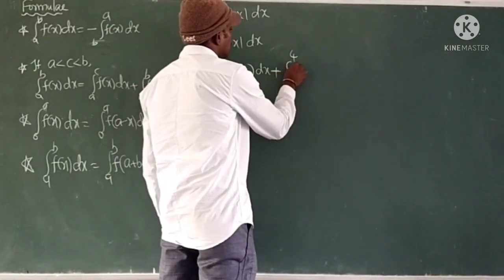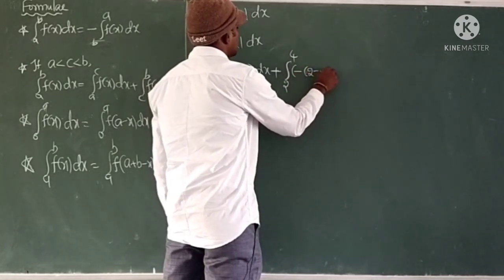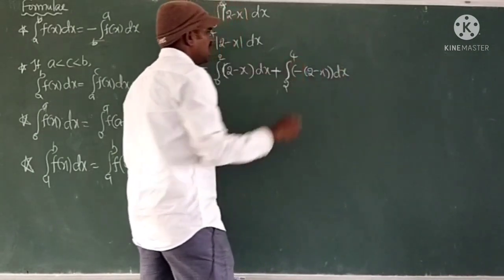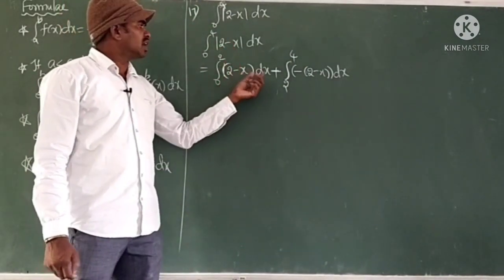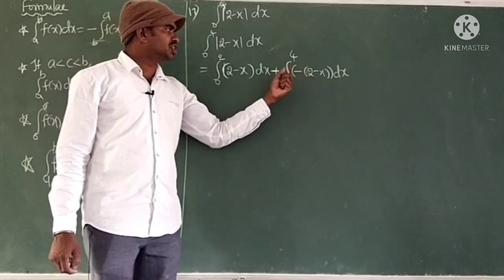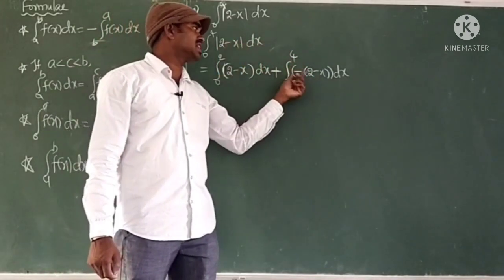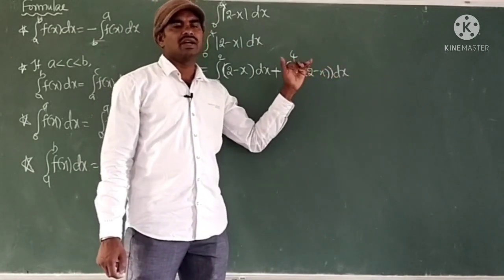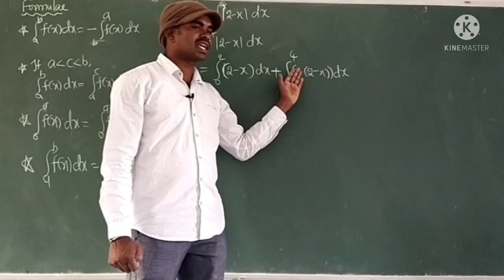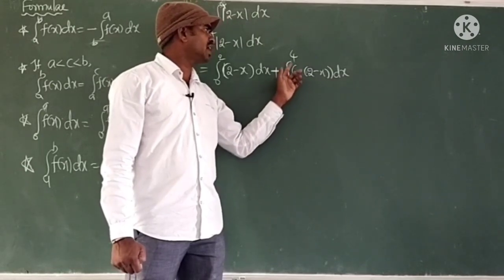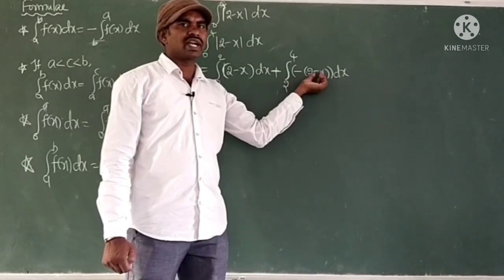For 0 to 2 we write the same function, and for the next part, 2 to 4, not 2 minus x but minus of 2 minus x should be taken. Why are we taking minus? Because between 2 and 4 it is completely negative, but we should get positive.